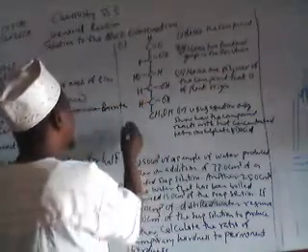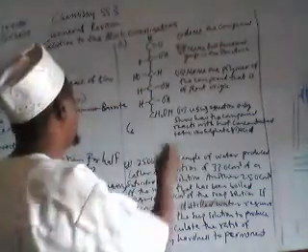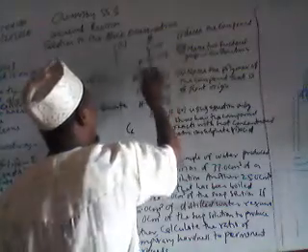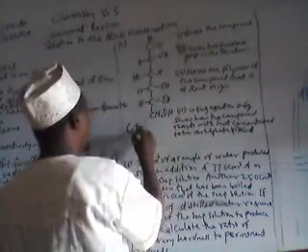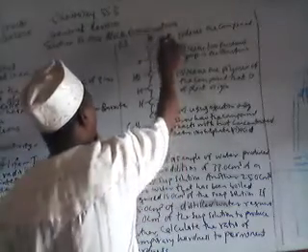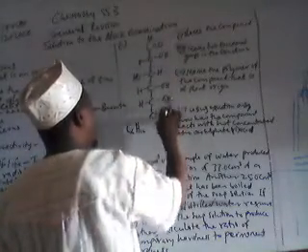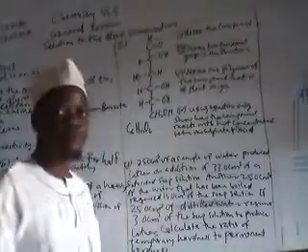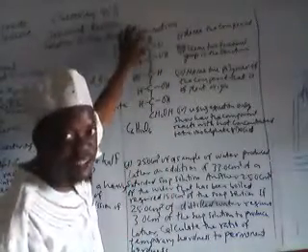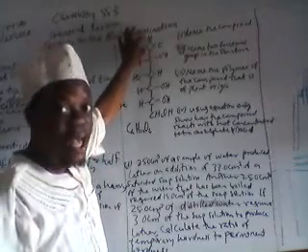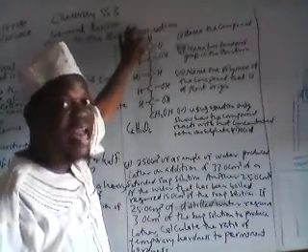You have 6 carbon atoms. Hydrogen atoms 1, 2, 3, 4, 5, 6, 7, 8, 9, 10, 11, 12. So 12 hydrogen atoms. But looking at the functional group that is present, you see that this is an aldehyde group, an alkanal group.